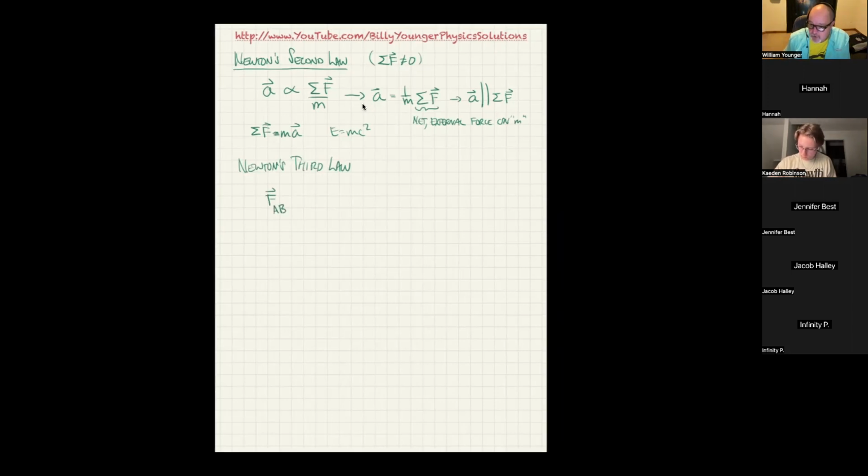The force on object A due to object B is equal in magnitude to the force on object B as a result of object A, but opposite in direction. So notice I said equal in magnitude, and I didn't write that negative yet. I just wrote the equals. And then I went back and wrote the negative after I was finished saying it.